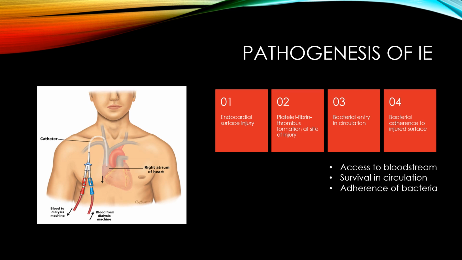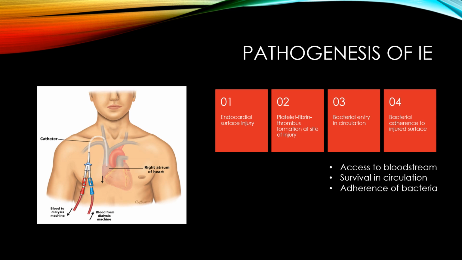And like we spoke about in prior lectures, that injury can ultimately lead to platelet activation and fibrin forming a thrombus at that site of injury. The problem with that is if the person happens to become bacteremic and they also have endocardial injury with thrombus formation, they're more at risk for having infectious endocarditis. And so ultimately the bacteria could adhere to that injured surface, and then they could grow and multiply and seed the valves or the inside of the heart.